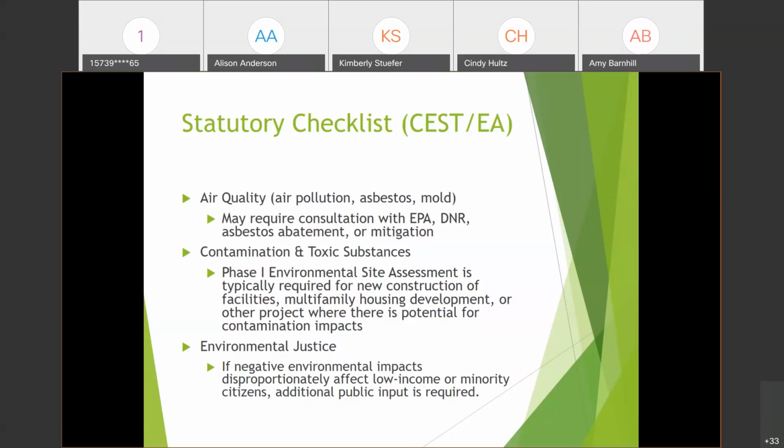And if you have new construction for residential or long-term occupancy of people, such as schools, then you should implement radon mitigation, or probably do radon testing. So these are all things that can be added as conditions of approval to your project.